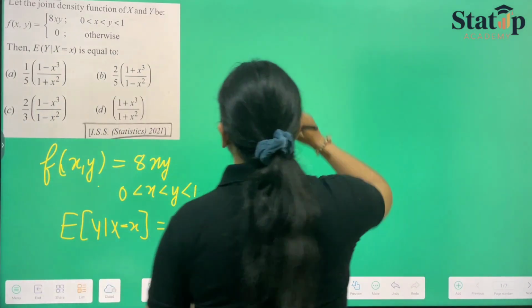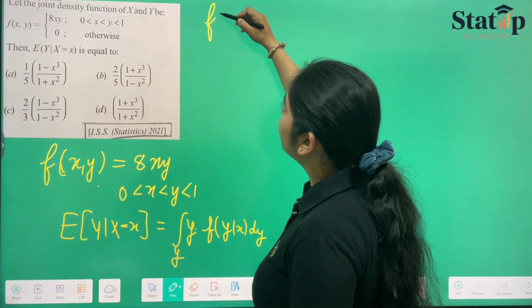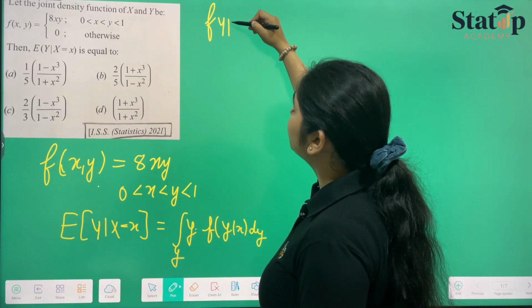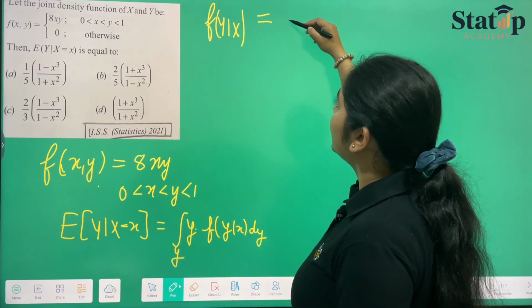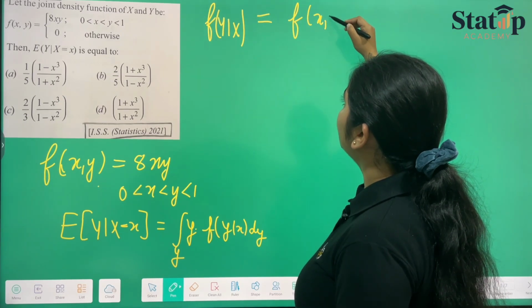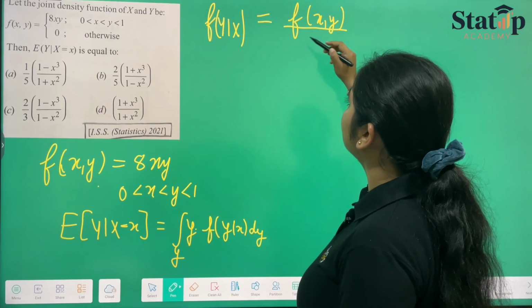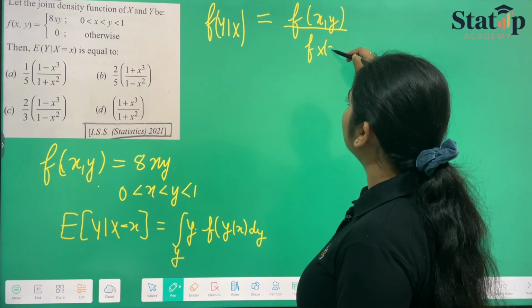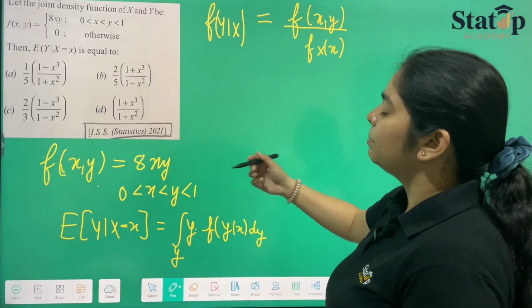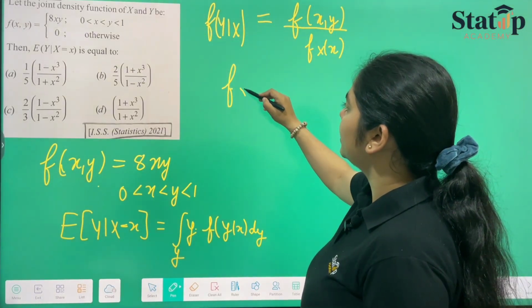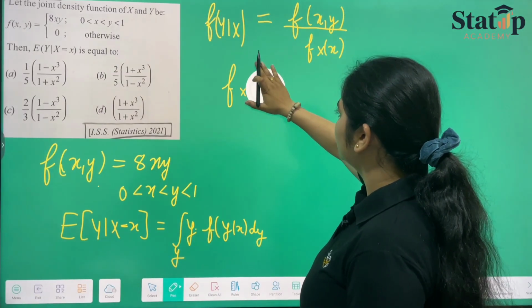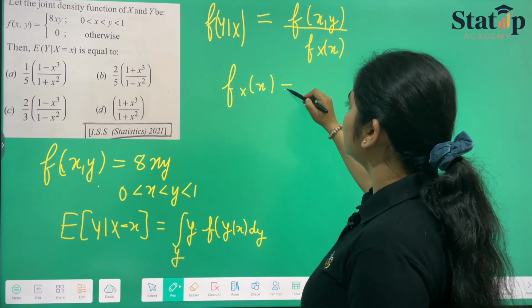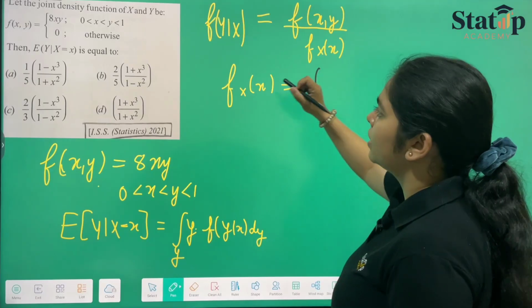So first of all we have to calculate the PDF of y given x. Now the PDF of y given x can be written as the joint PDF of x and y upon the PDF of x. So for the PDF of x, we have to calculate fx, which is the integration over the limits of y.